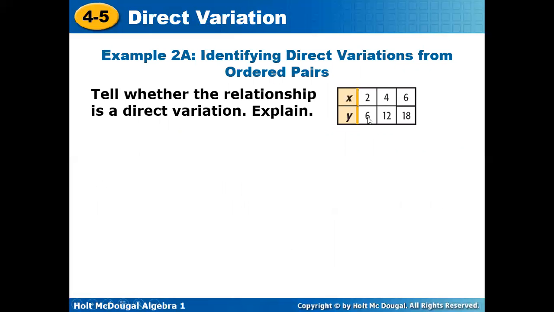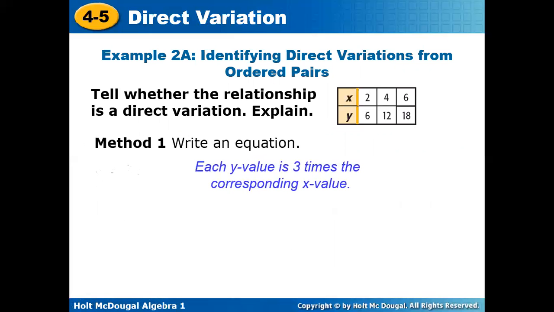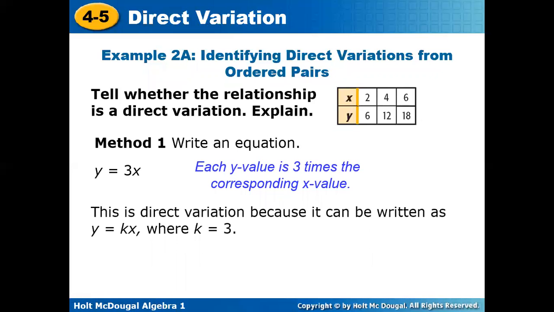Means divide 6 by 2, 12 by 4, and 18 by 6. The equation is y equals 3x, and the constant of variation is 3. So this is a direct variation.